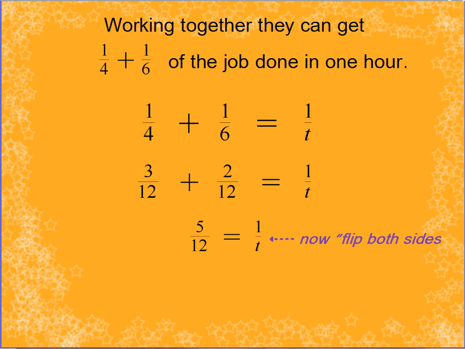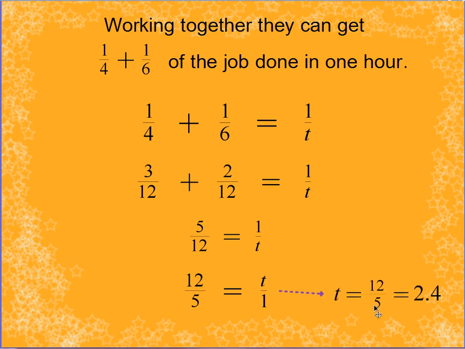It's fair if you remember to do it to both sides. So I can switch this to 12/5 equals t/1, and then I can simplify. t/1 simplifies to t, and 12/5 reduces to 2.4 when I do the division. So I can say t is equal to 2.4.